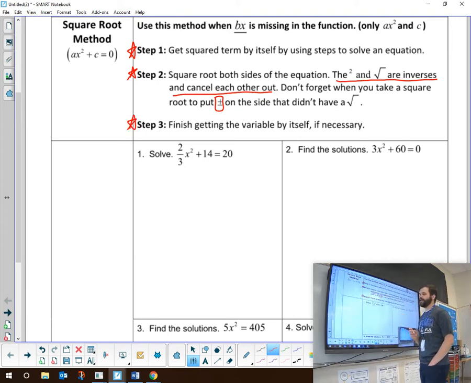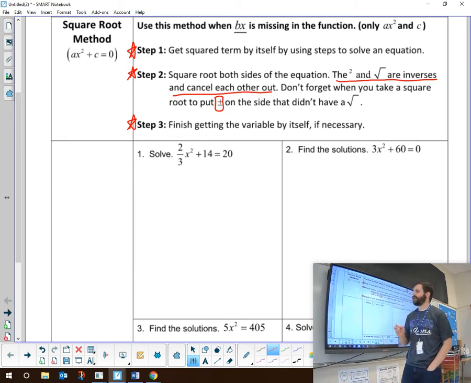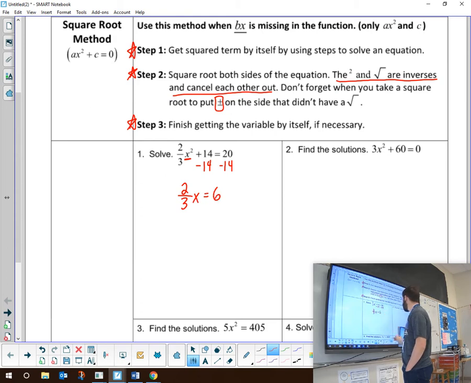So take a look at number 1. The first thing we're going to do is get my squared variable by itself. So to get that x squared by itself, I first need to minus 14 to both sides. That gives me 2/3 x squared equals 6. Then, how do I clear out a fraction? This was back in our very first lesson. To clear out a fraction, we need to multiply by the denominator.